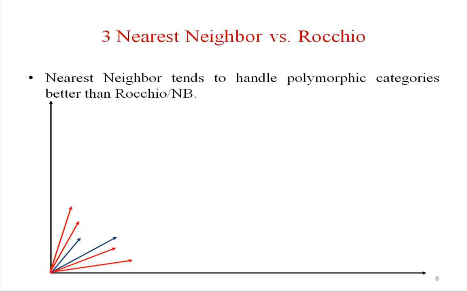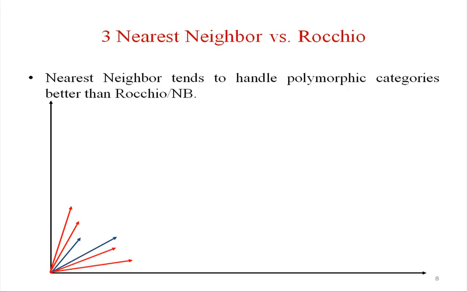Nearest neighbor tends to handle the polymorphic category better than Rocchio. For example, here the red arrow represents the document. Red arrows in the vector space represent documents with the red label, two on the left side and two on the right side.